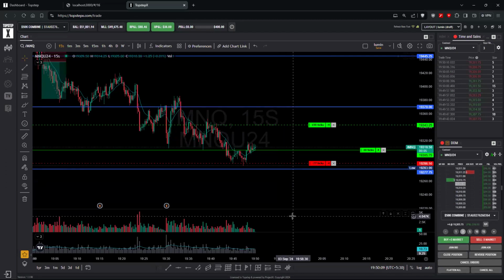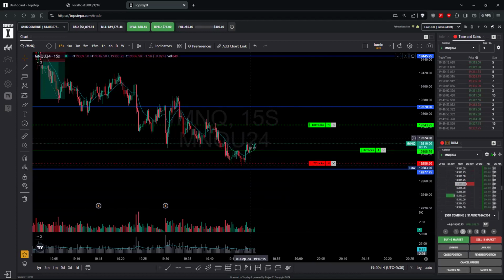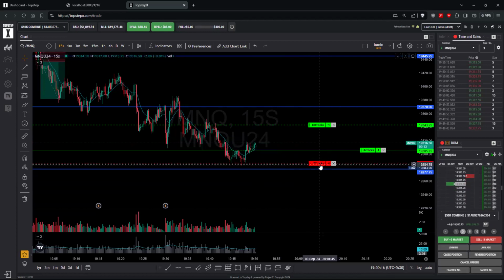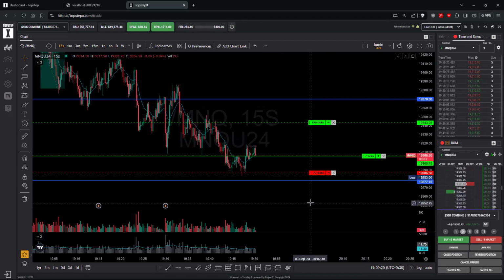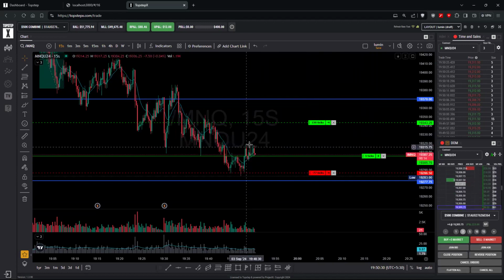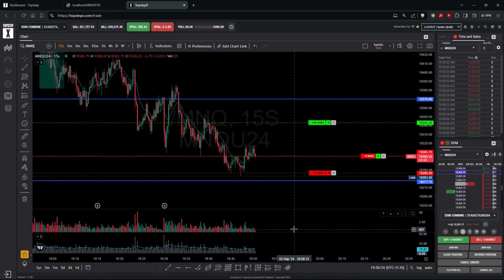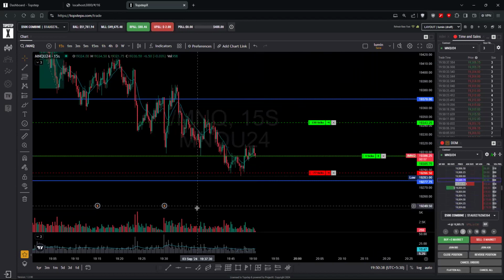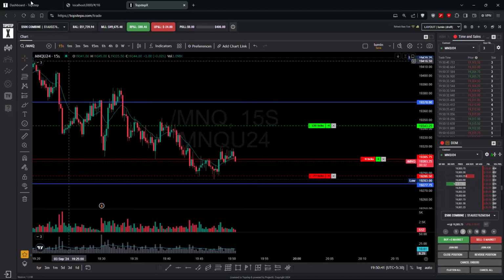So let's see. This is my last trade for today, and let's see if it works out. If it breaks this high, I will trade my asset further. Yeah, it should break this high. Then I will trade my asset. If it takes me out, it takes me out.